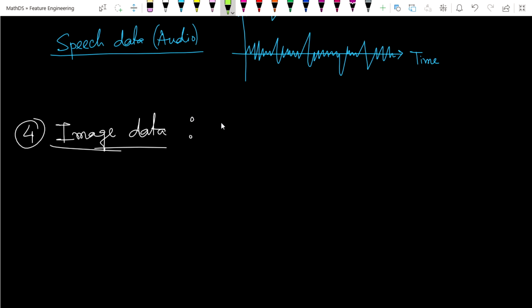That kind of thing is useful. We'll see how to handle image data in detail when we learn deep learning, but for now just take the concept.